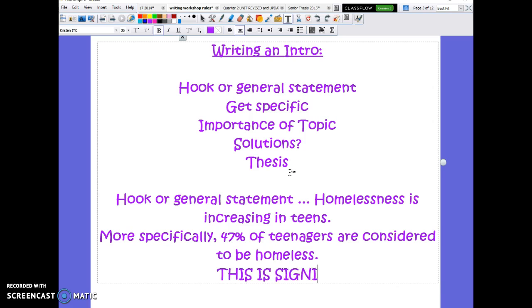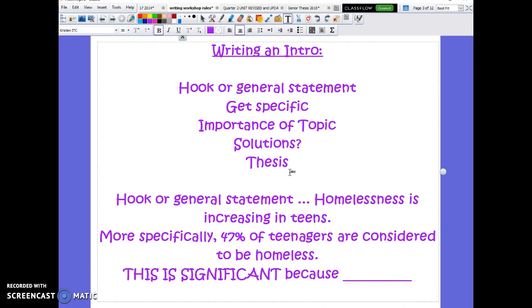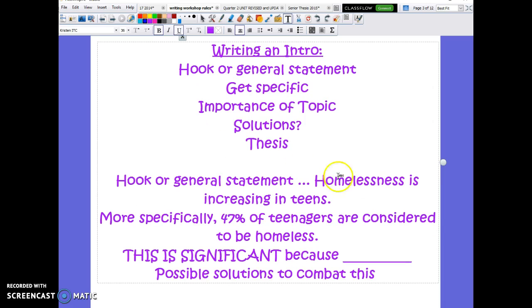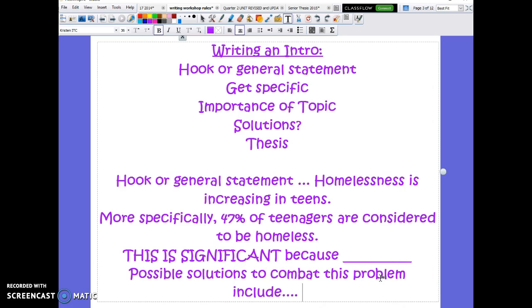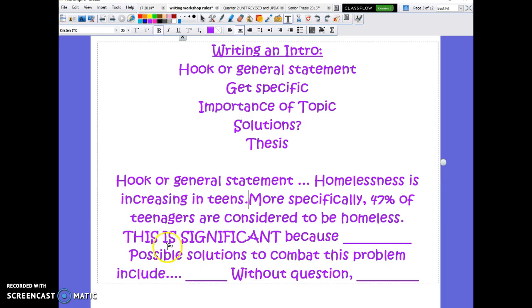This is significant because... possible solutions to this problem, to combat this problem, include... which leads to my thesis, which I think I said this, that for almost every thesis statement that I ever used, I started with without question. Without question, homeless teens, blah, blah. And there becomes my introduction.